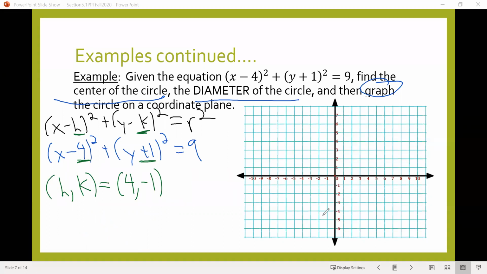The next thing we're asked to find is the length of the diameter of the circle. Notice first of all, from what we're given, the value for r² is equal to 9, because that's in the place of r². If we solve that by taking a square root on both sides, we get r = 3.